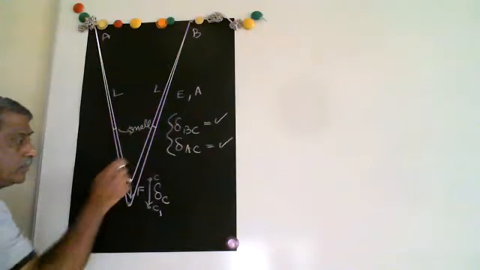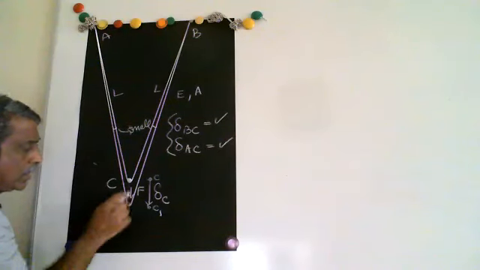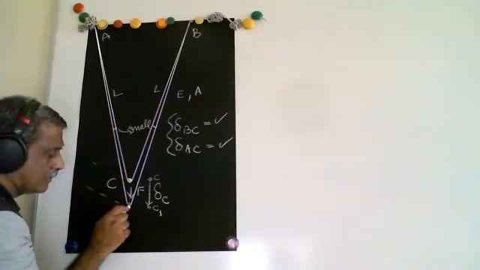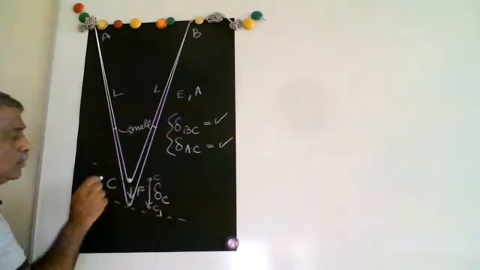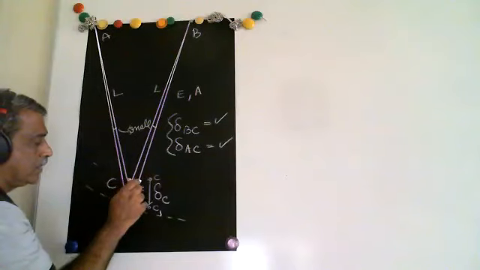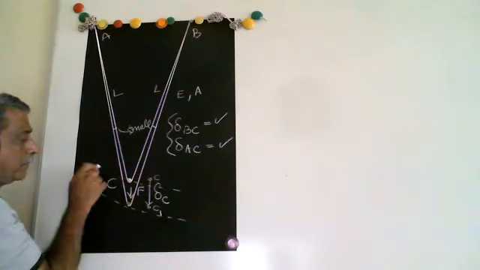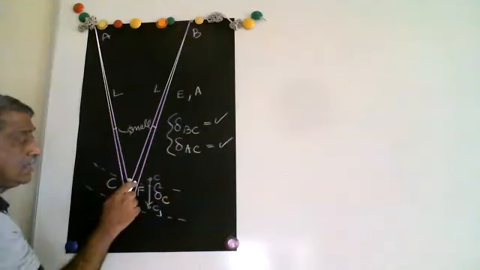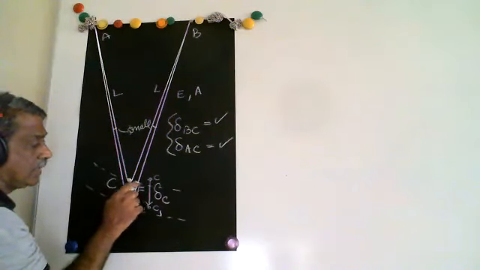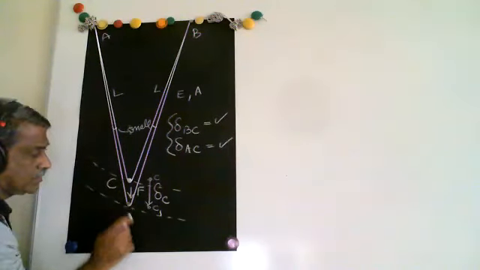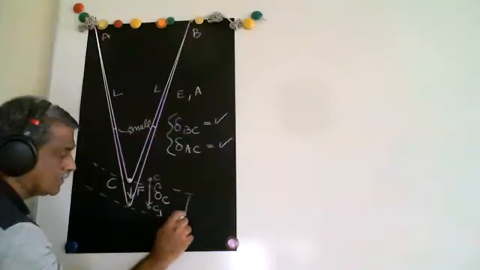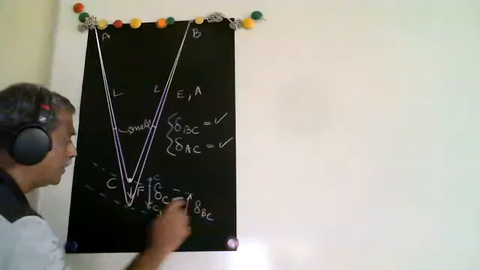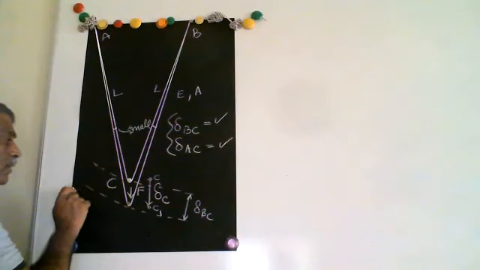This is stretched by an extent like this. Originally, it was here somewhere. I'm drawing the radius from B. BC was initially like this, and now it has stretched this much, which means that this is delta BC. In a similar way, I can do it for the other one.